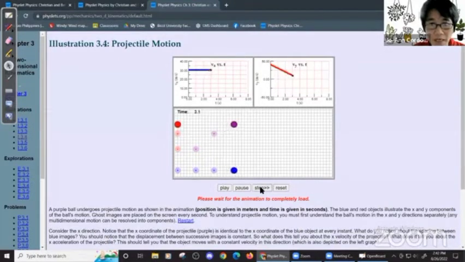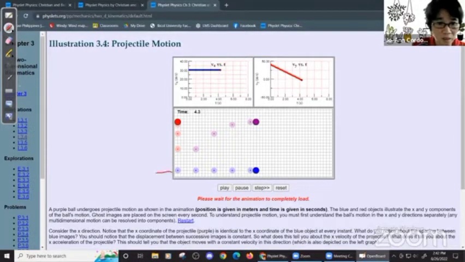Hanggang dito muna, sa kalahati lang ng motion nila. Okay, so as mentioned a while ago, meron tayong dalawang parts ng motion ng object here, which is the horizontal or along the x, and here, which is along the y.